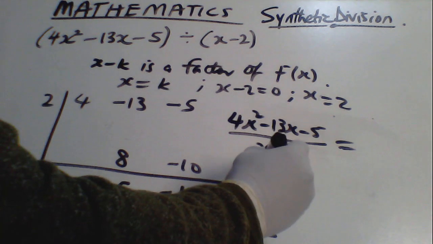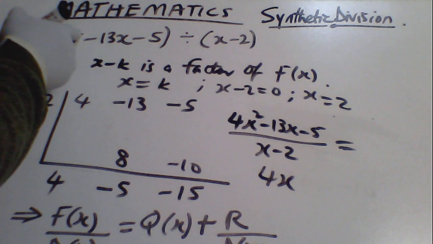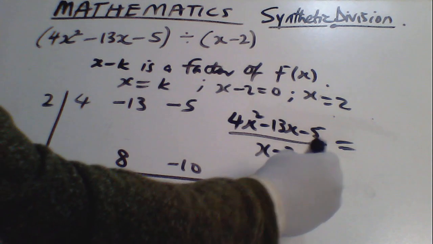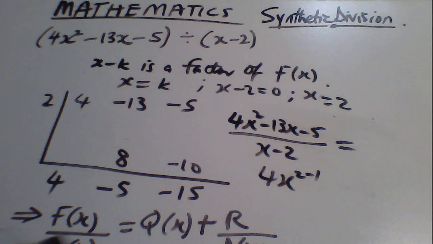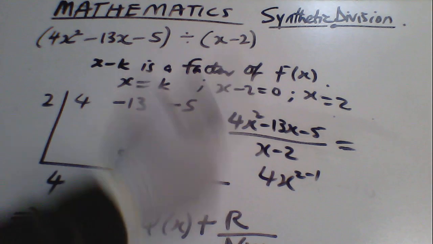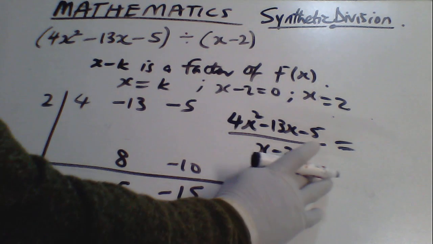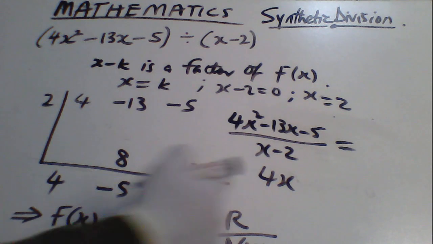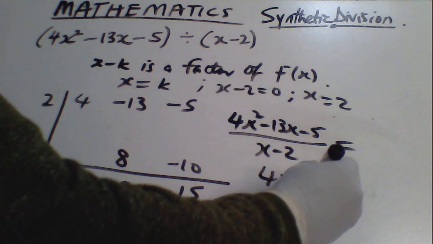So from here you have 4x, remember this is 2, so this will be 1. That is 2 minus 1, which gives us 1, and x raised to power 1 is still x, because any number or variable raised to power 1 is still the variable or number.